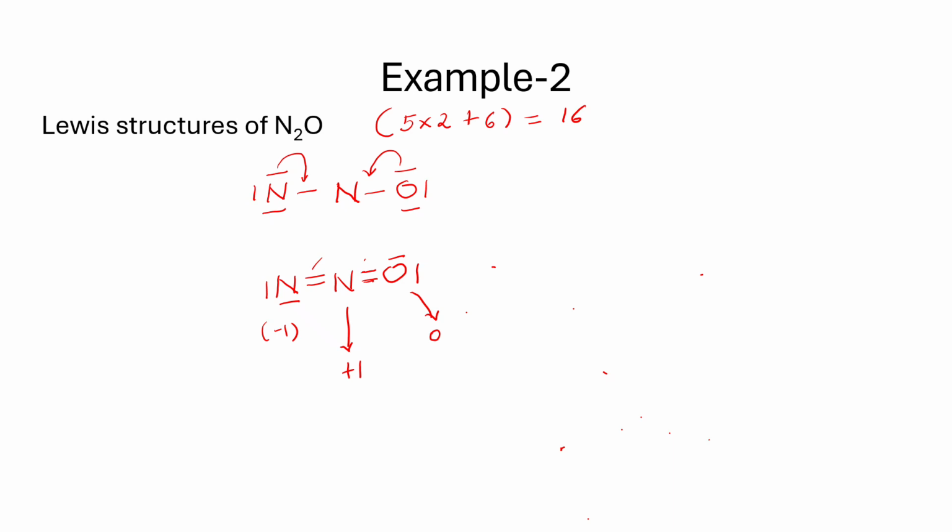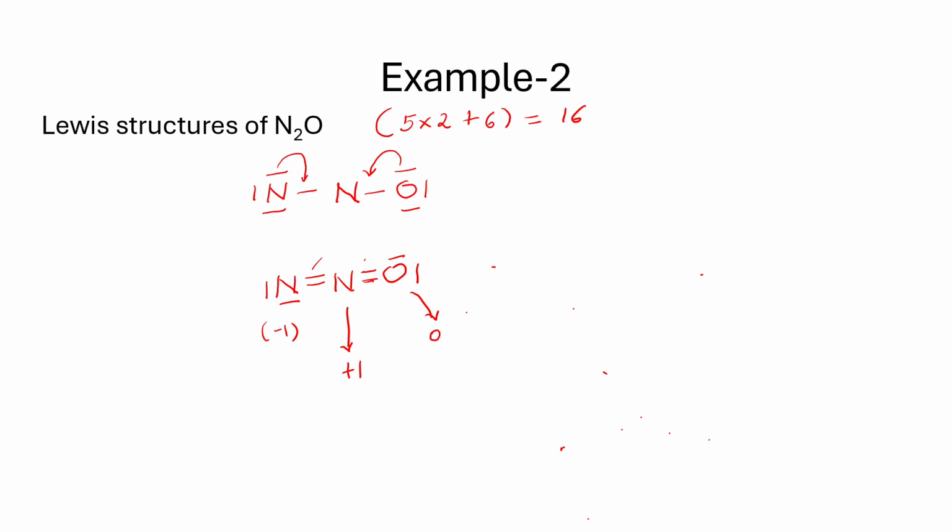The third rule for formal charge, while applying formal charge to establish the stability of Lewis structure, was to see that preferably the positive formal charge should be on the less electronegative atom, and the negative formal charge should be on the more electronegative atom, which is not true here, because oxygen is the more electronegative atom and yet it doesn't have the negative charge.